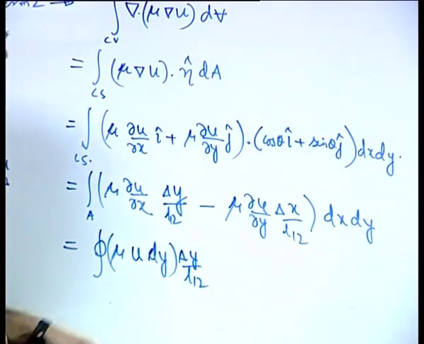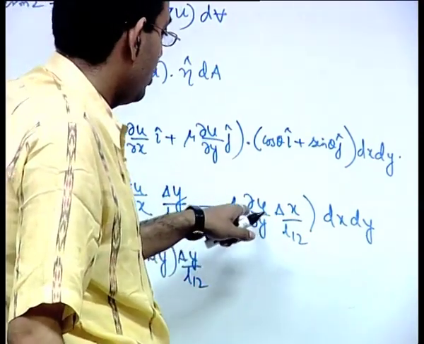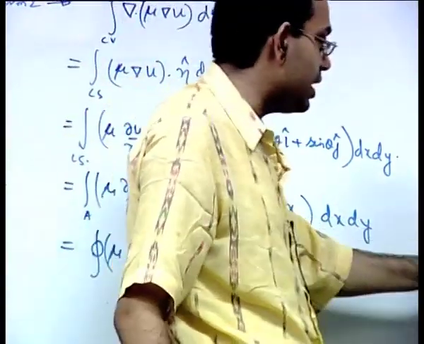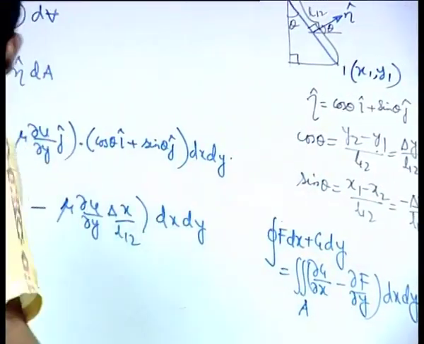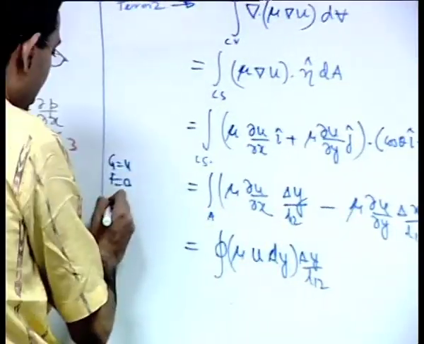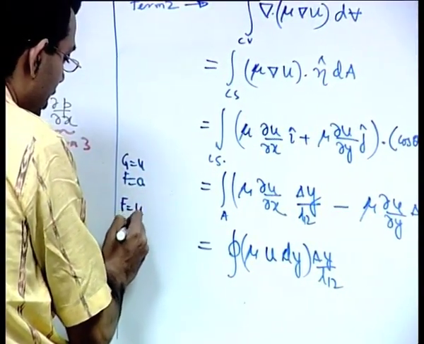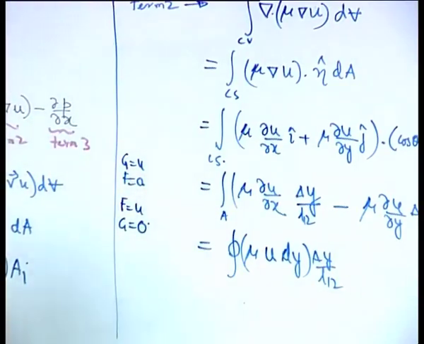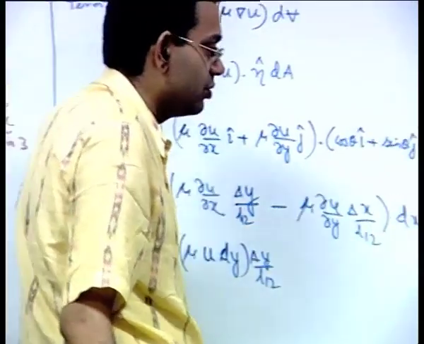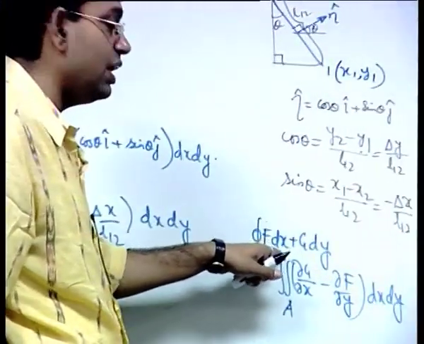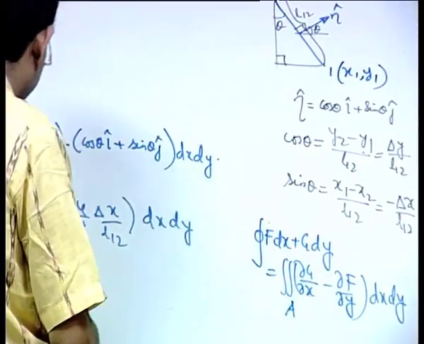Then for the next one, minus del u del y is like minus del F del y. So, F equal to u and G equal to 0. That will give you the contour integral of F dx, that is u dx.